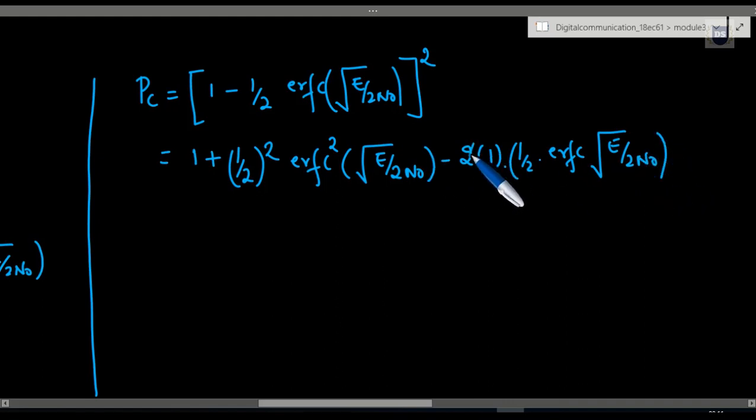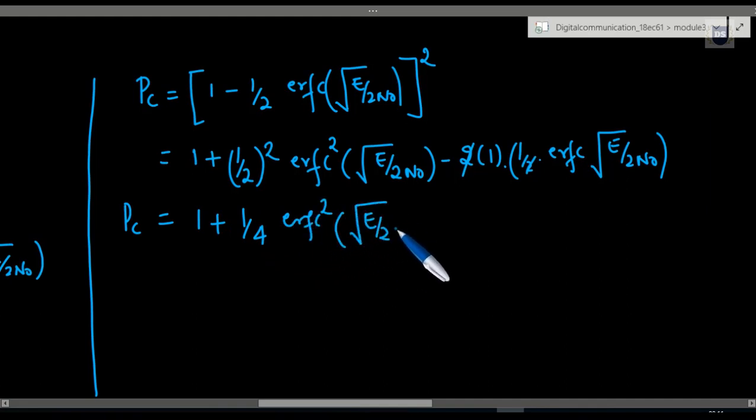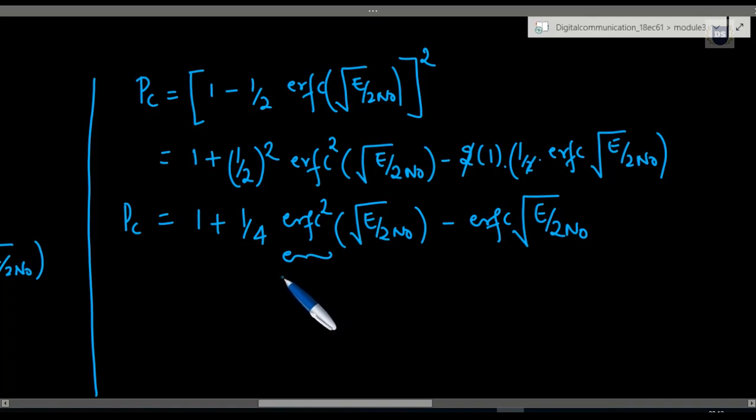I can cancel out 2 over here and 2 over here, and I in turn have PC equal to 1 plus 1 by 4 complementary error function square of square root of E by 2N naught minus complementary error function of square root of E by 2N naught. Now let's specifically try to get to know some of the properties of the complementary error function.